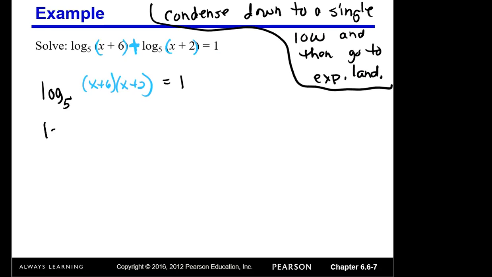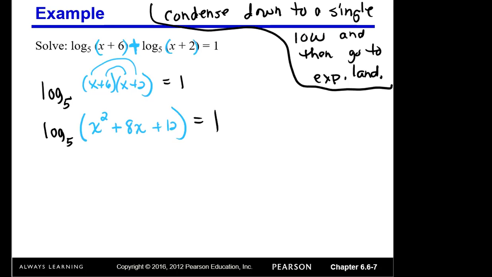And if you want to go ahead and simplify that, that would be log base 5 of, if I FOIL this out, I'm going to get x squared. I would get 2x on the outside, 6x on the inside. So my middle term is 8x. And then last times last is 12.